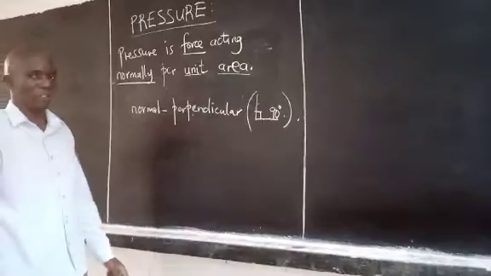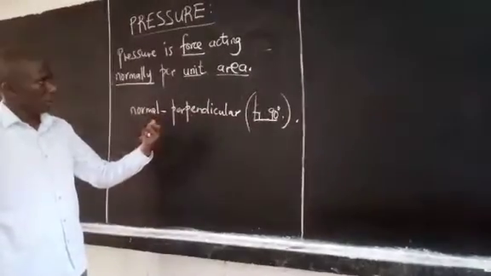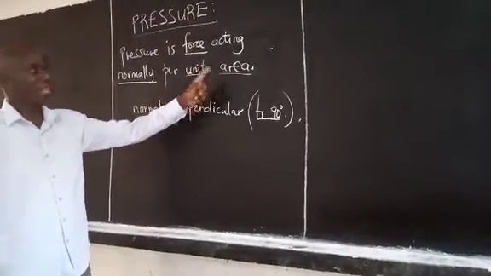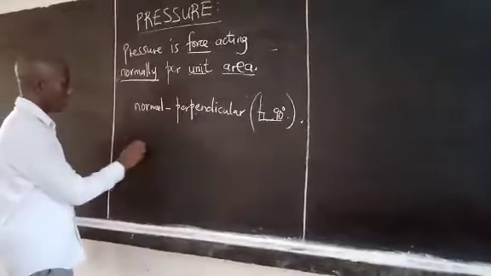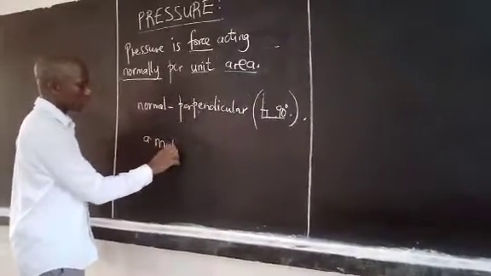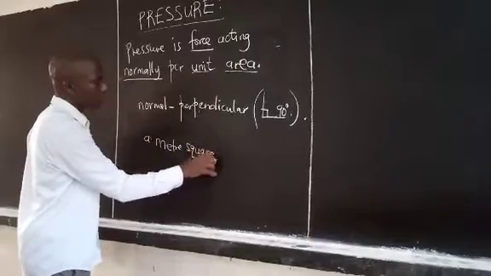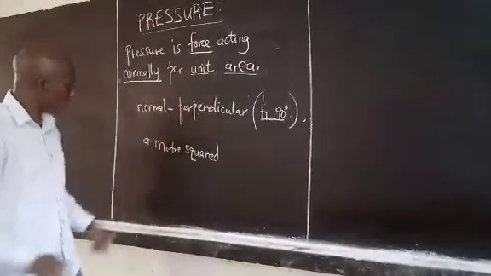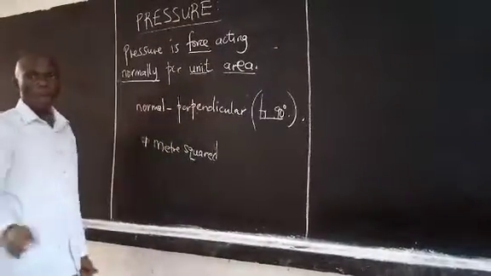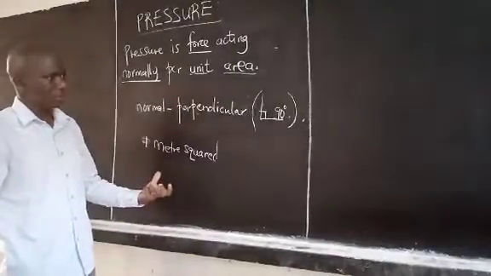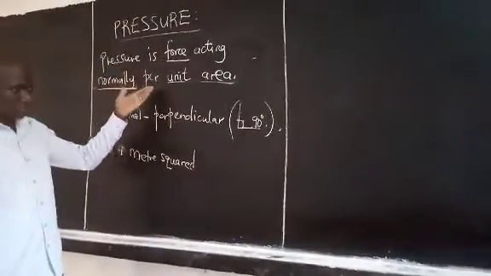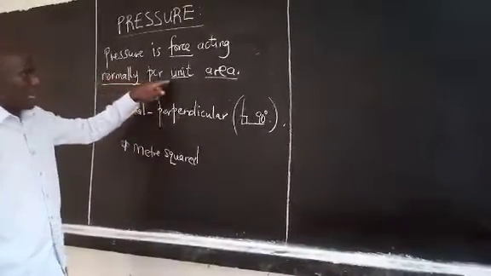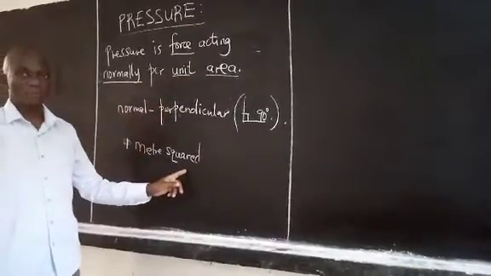When we talk about unit area in physics, the SI unit of area is a meter squared. Recall. So when we talk about a unit area, we are referring to an area of 1 meter square. Therefore, in short terms, pressure is a force acting perpendicularly on an area of 1 meter square.